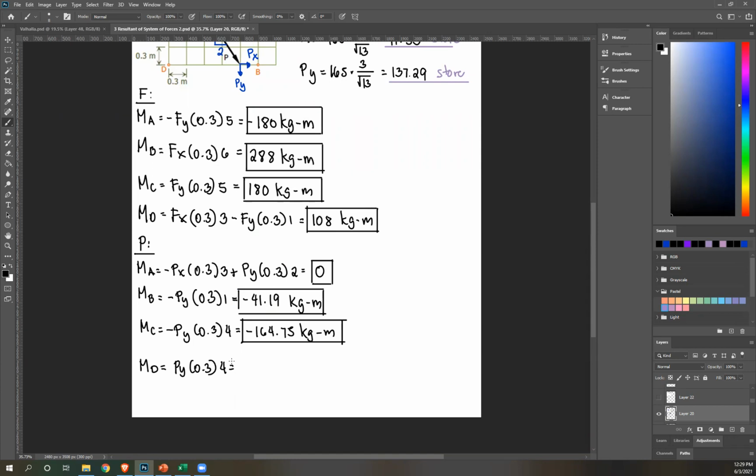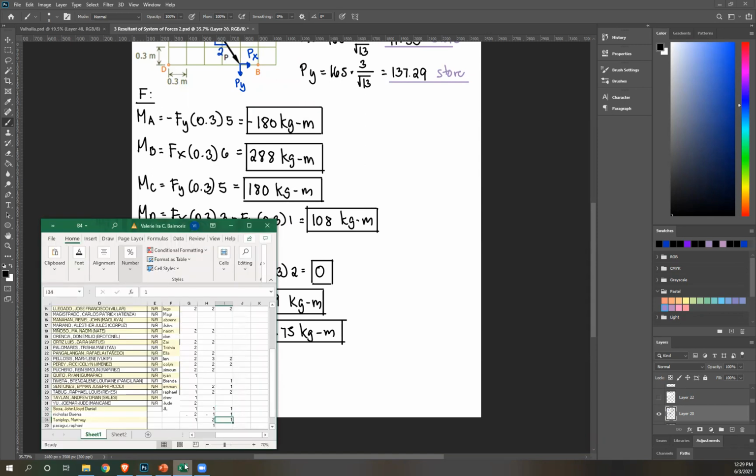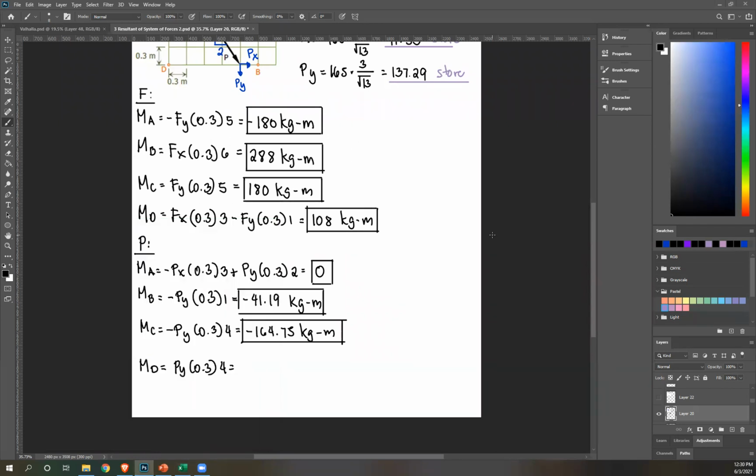Correct, Zaira and Matthew. So MD is positive 164.75 kilogram meter. And that ends our solution for problem number 2.